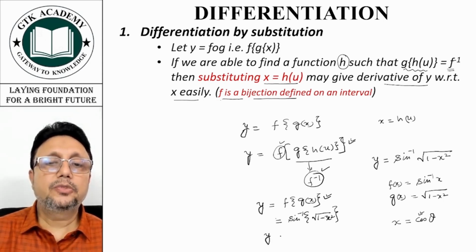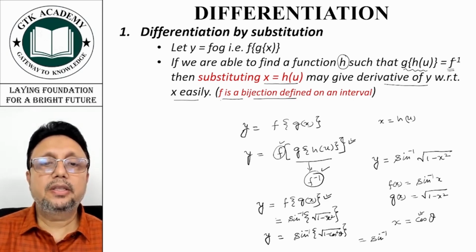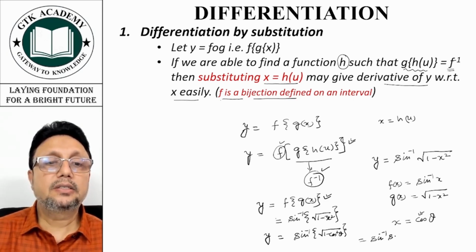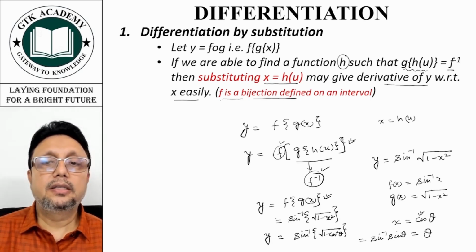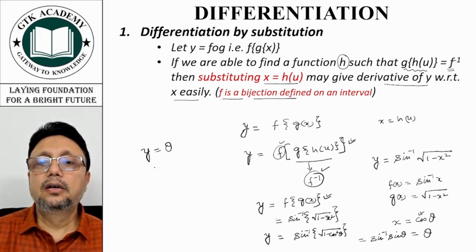Then y becomes sin⁻¹(√(1 − cos²θ)), which is equal to sin⁻¹ of, since 1 − cos²θ is sin²θ, it comes out of the square root as sin θ. So this will become θ. That means y = θ.